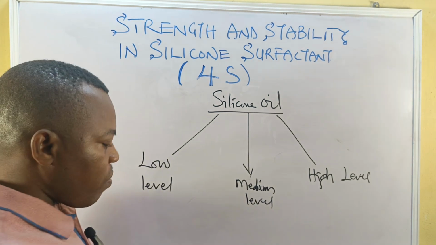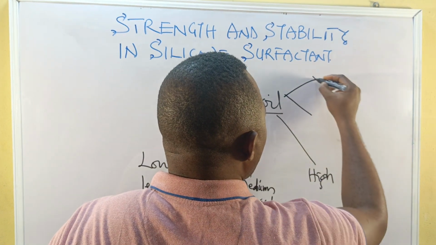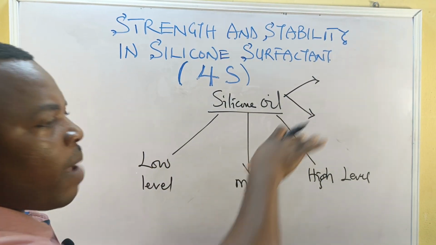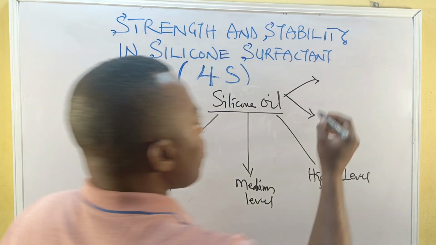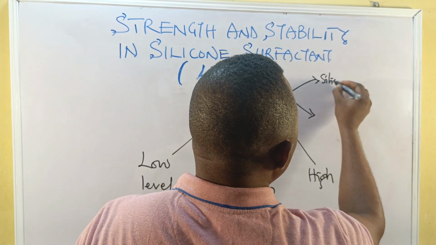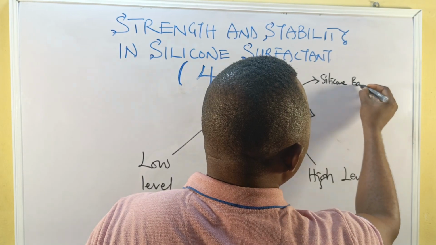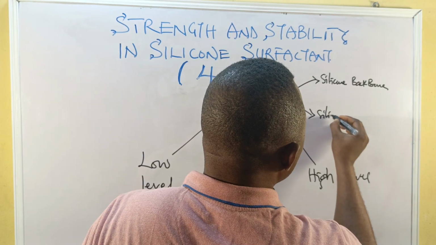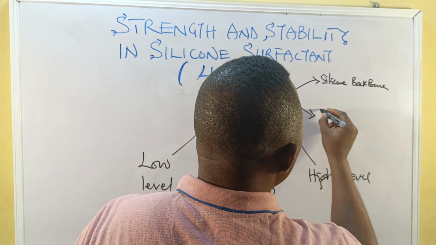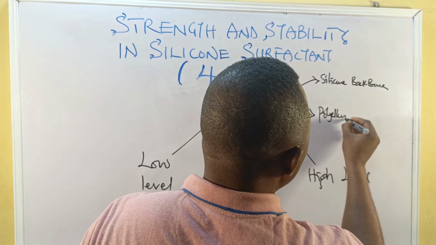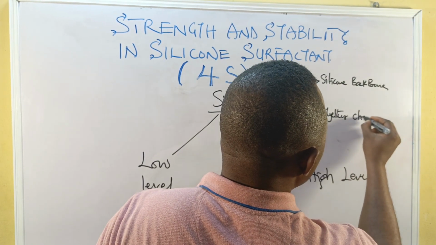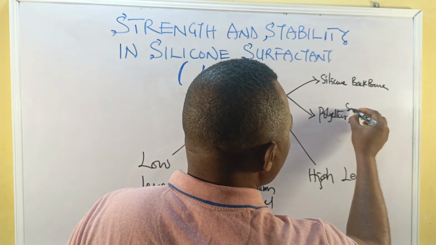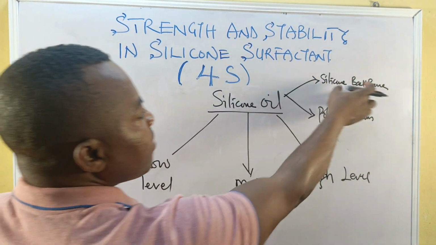This silicone is classified into two segments in terms of performance and structure. It has what they call the silicone backbone. We also have what we call the polyether side chain. You understand? The polyether side chain and the silicone backbone.